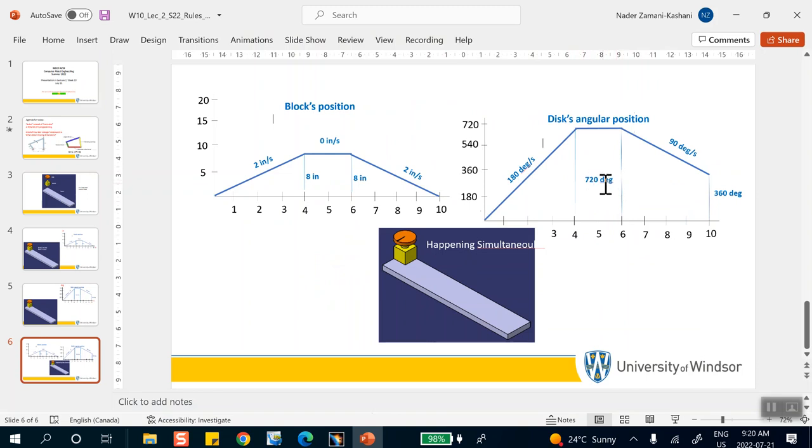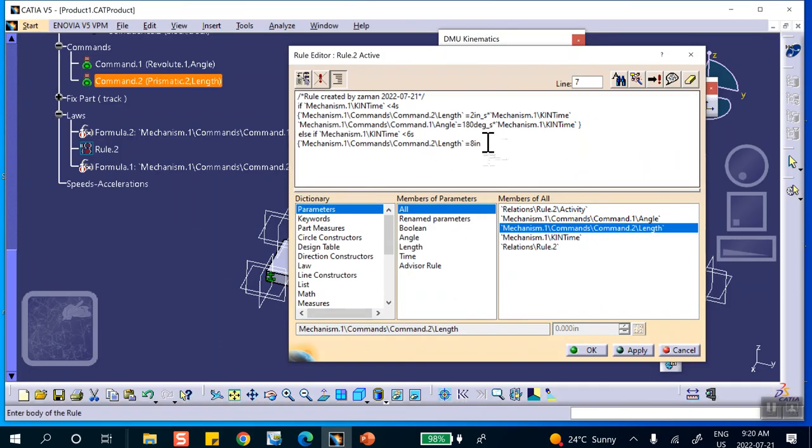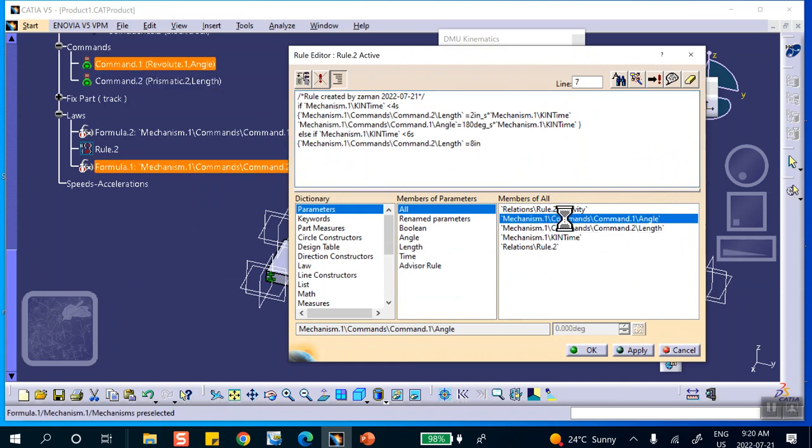During that time, 720. That stays the same. So right there, angle equal to 720 degrees. You got to be careful about these things. They're not hard, but they have to be consistent. Close the braces.